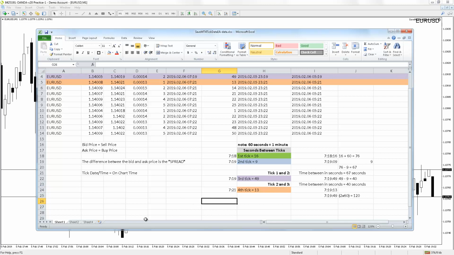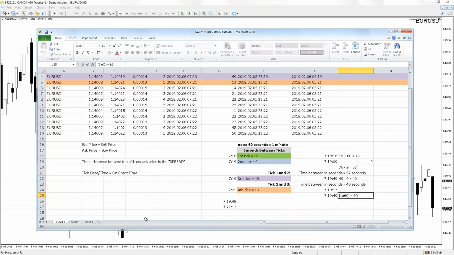I'm sorry, this math is a little bit tricky, I keep hitting my shift key. 19:49. If the fourth tick was 7/21/49, then we would have a 2 minute difference. Since it's less, it's actually 13, we only have to add 1 minute. So we have 1 times 60, which is 60, and then 60 plus 49 equals 109.